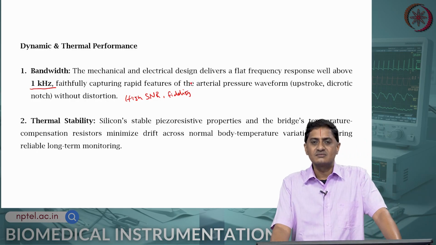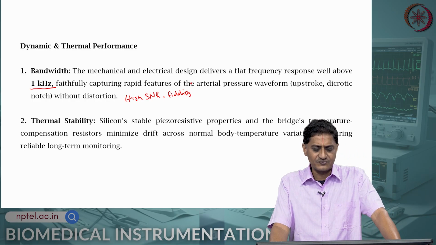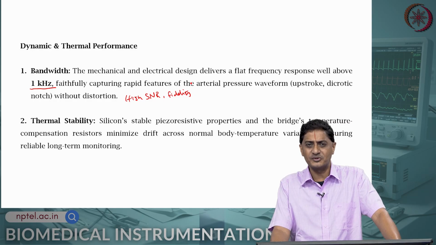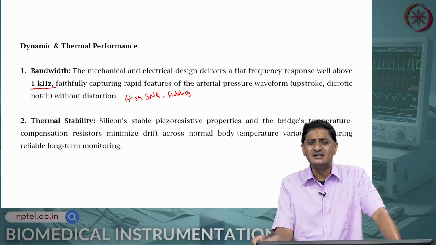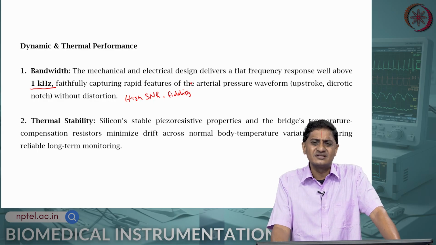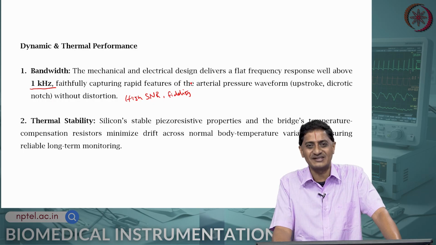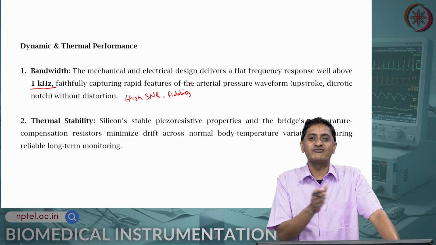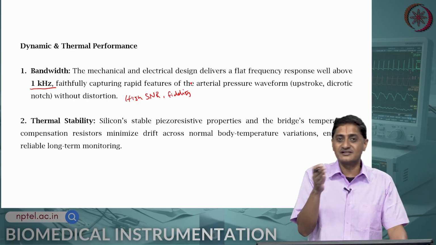Also, there are silicon's piezoresistive properties and the temperature compensation resistor. So, you expect the temperatures in which this system is going to work, and you design for that, such that this works between 36 degrees Celsius and 39 degrees Celsius.